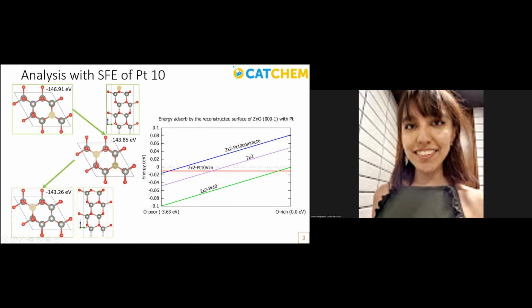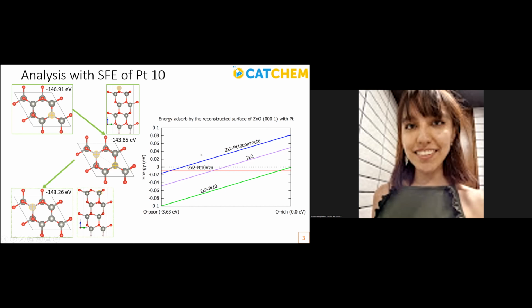Once we obtained this surface, we left off the zinc atom, and we compared these three surfaces with the one that we obtained without any adsorbed transition metal, to see which one was the most feasible to obtain experimentally. For this, we use thermodynamics, the surface formation energy. We use oxygen conditions because these can determine if our surface will get vacancies or adsorb oxygen.